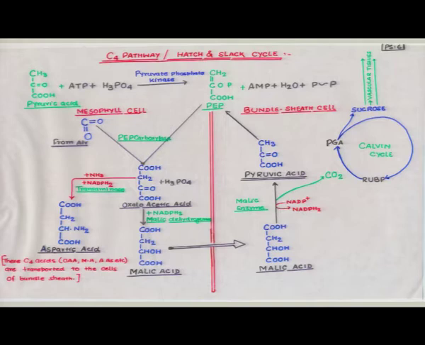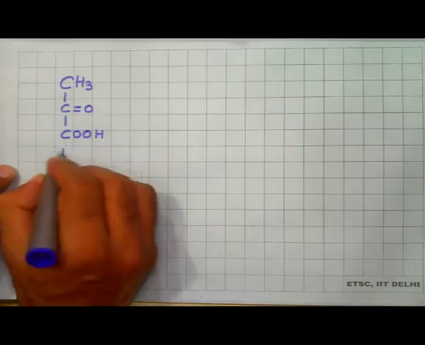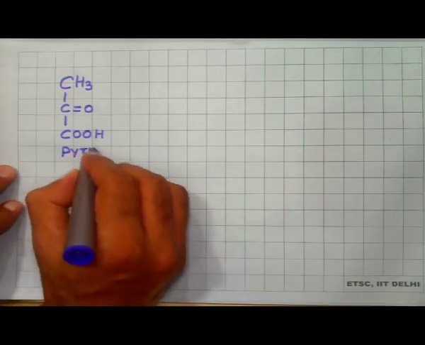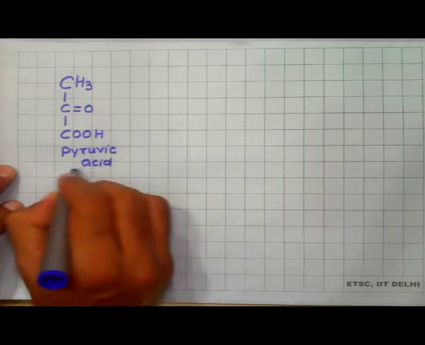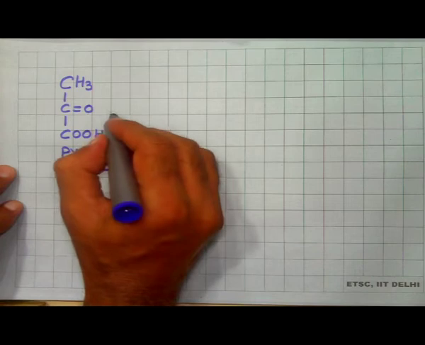In the process of respiration, we will discuss it later on, the first product of the glycolysis, that is pyruvic acid. This pyruvic acid is abundant in cytoplasm. This is the structure of pyruvic acid, which is already present in cytoplasm.